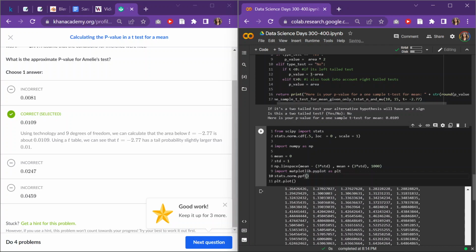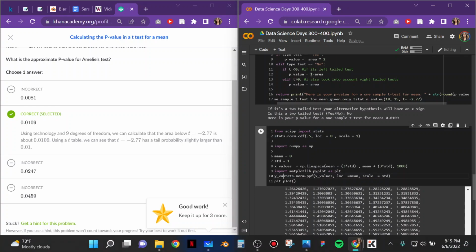I have to do stats.norm.ppf, and then take in my x values, and then my loc is mean, my scale is my standard deviation, and that is my y values.